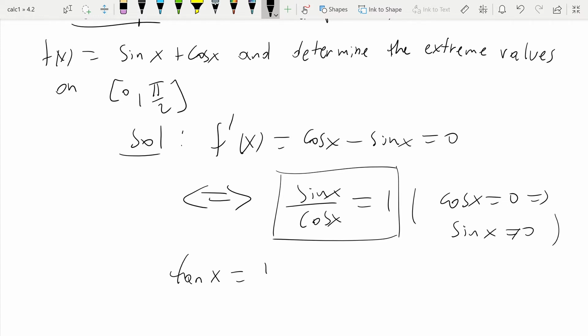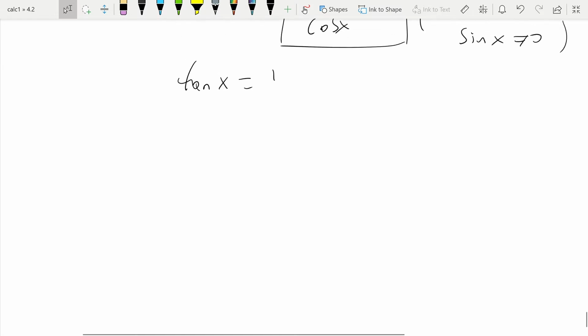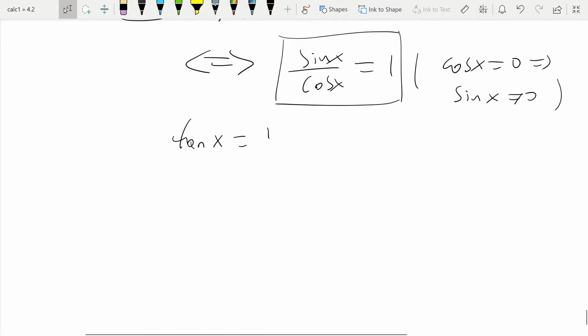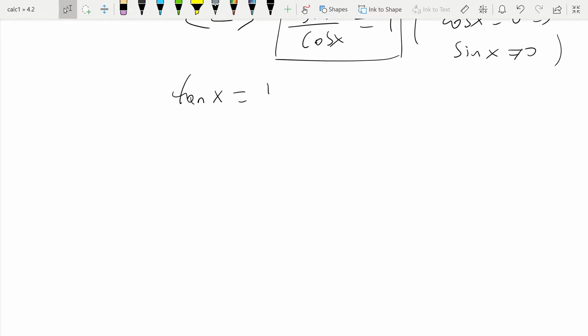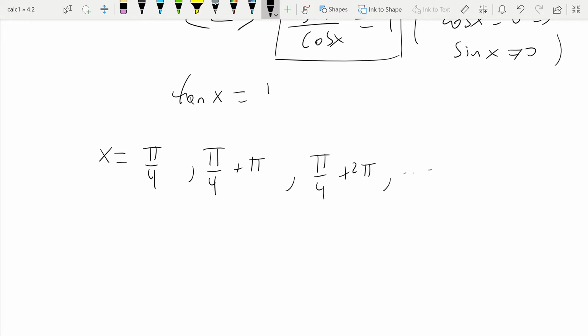We did an example before that asked us to find the points for which tan of x was equal to 1, and we know that tan is pi periodic. So this happens when x is equal to pi over 4, pi over 4 plus pi, pi over 4 plus 2 pi, etc. Also when we subtract integer multiples of pi.